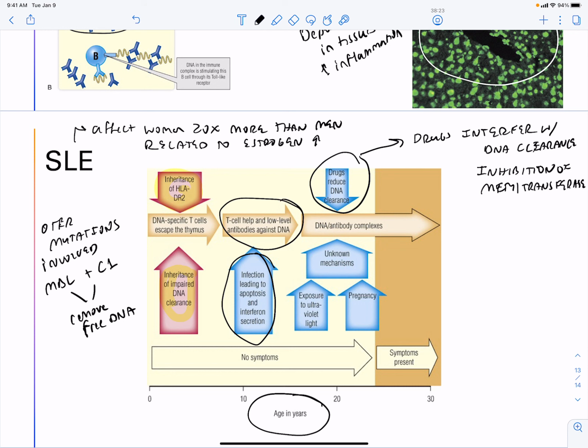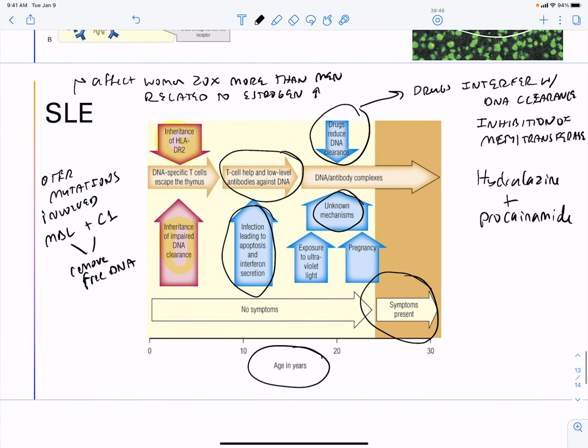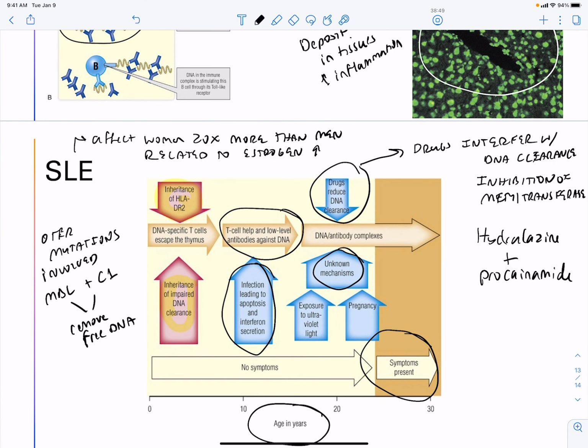And hydralazine and procainamide are two drugs as an example. But basically it takes time, and then there are some other mechanisms that are thought to be involved, and then you get symptoms that are going to present. Okay, so that's just the introduction to autoimmunity.